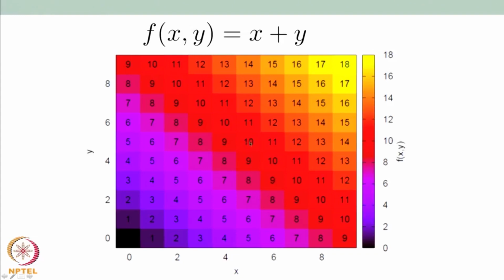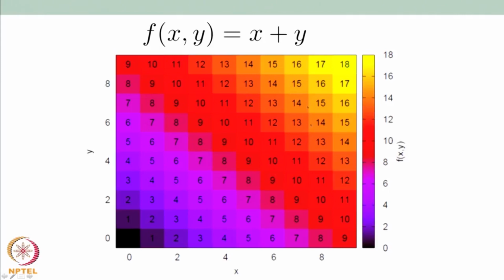And somewhere here, let us take x is 6, y is 6, 6 plus 6 is 12. Here x is 6, y is 5, so it is 11. Here x is 6, y is 4, so it is 10. So 10, 11, 12, etc. are slightly reddish color.